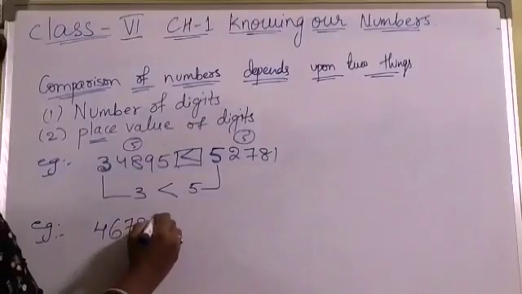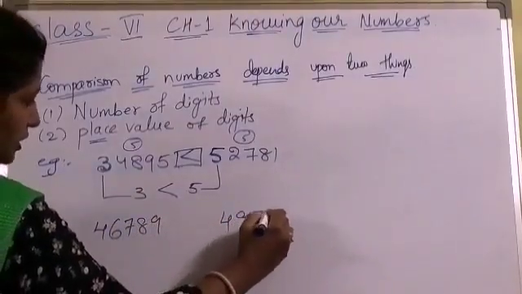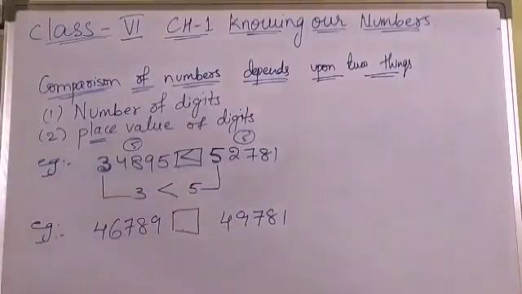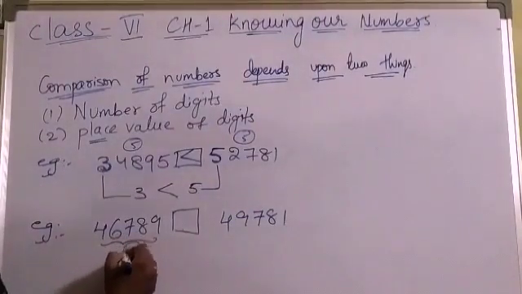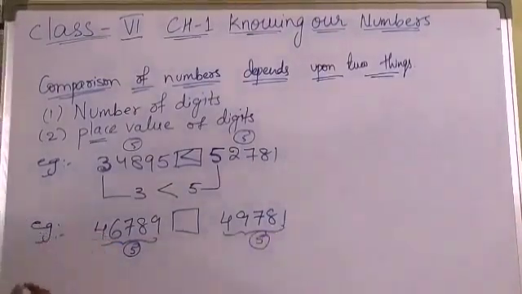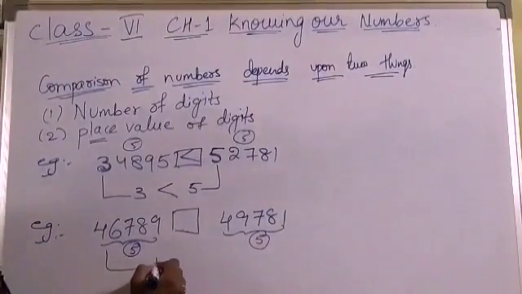For one more example I will take 67894 and 97481, and we should compare here. First count the number of digits. Here 1, 2, 3, 4, 5. Here 5 digits are there. Coming to here, also 5 digits. So first we should compare the leftmost value. What is the value here? 4.